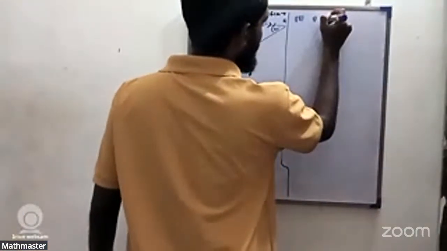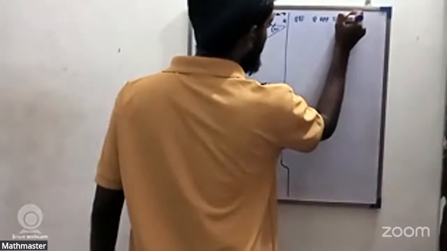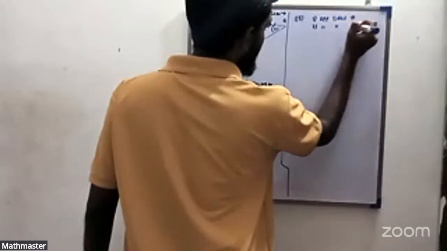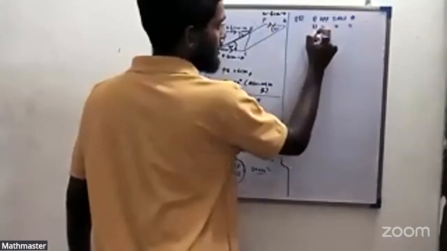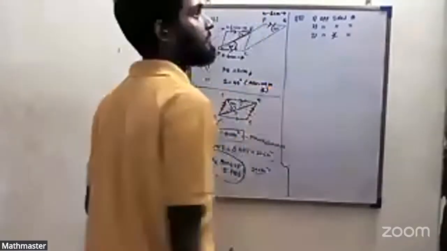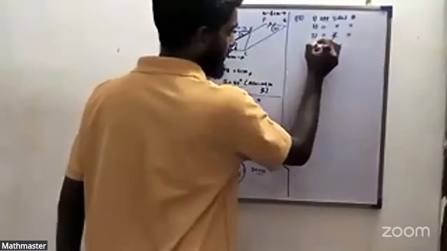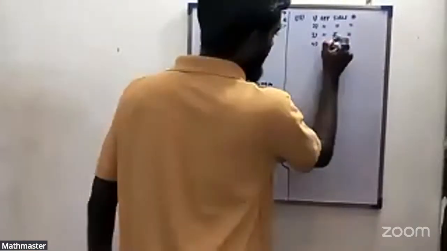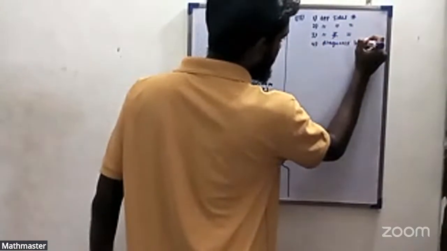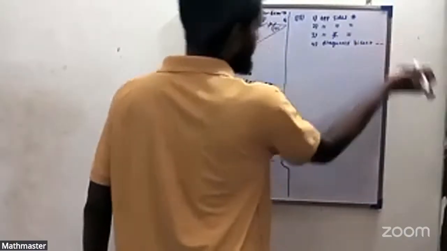First one, the opposite sides should be parallel. Second one, the opposite sides should be equal. Third one, the opposite angles should be equal. Then the fourth property, the diagonals bisect each other.